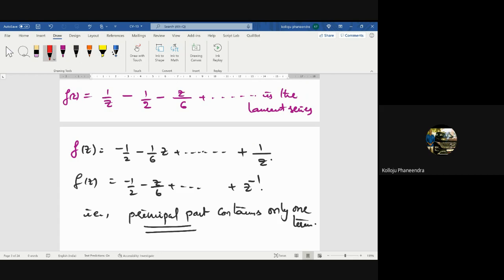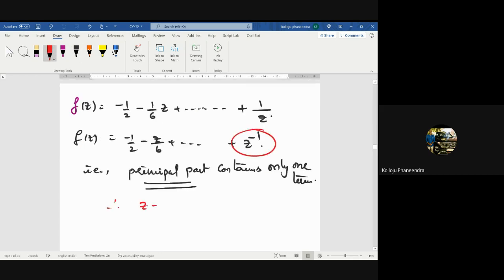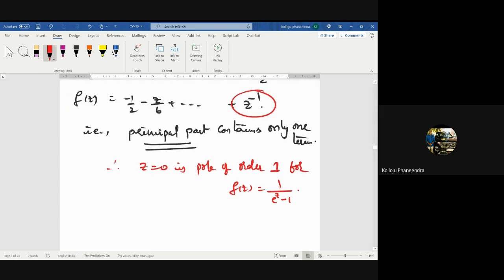Therefore, z equal to 0 is a pole of order 1 for f(z) equal to, what is that function, 1/(e^z − 1). I think this clears the picture about the pole of order m. If it contains, for example, 2 terms, 3 terms, it is a pole of order 2, pole of order 3, like that.